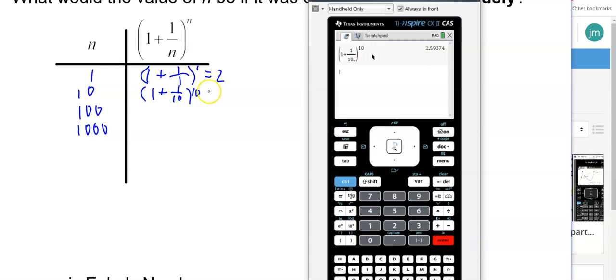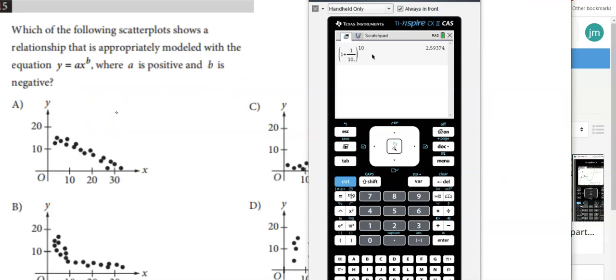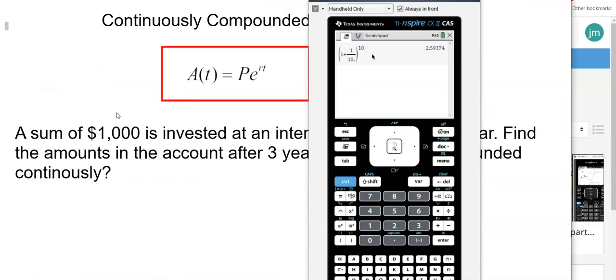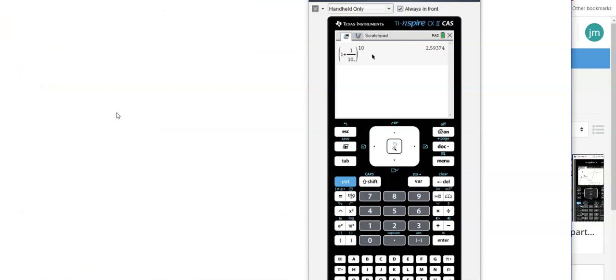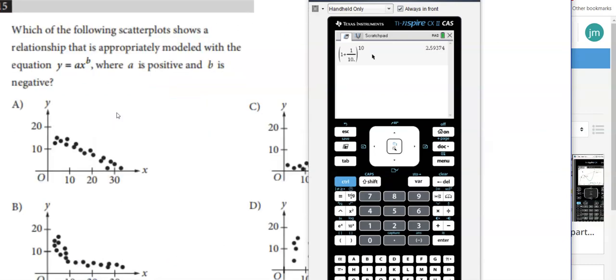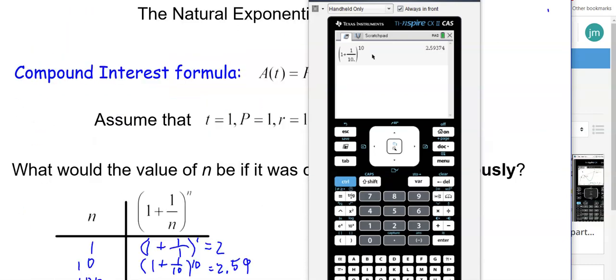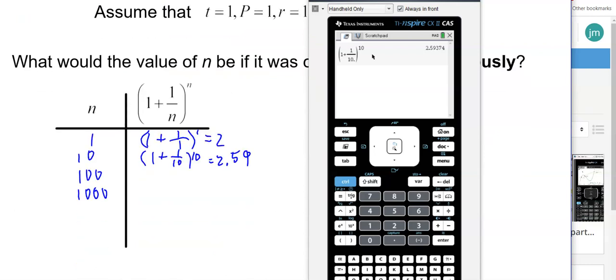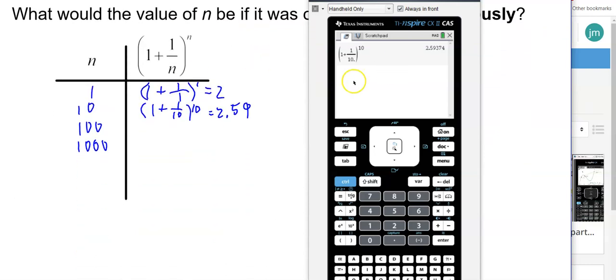So that's 2.59. Okay, and then we put in 100.